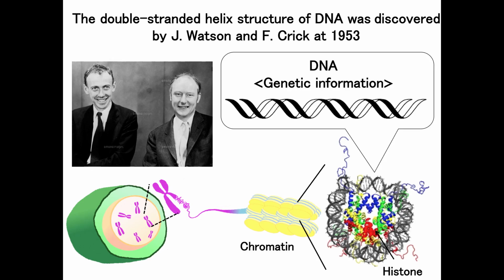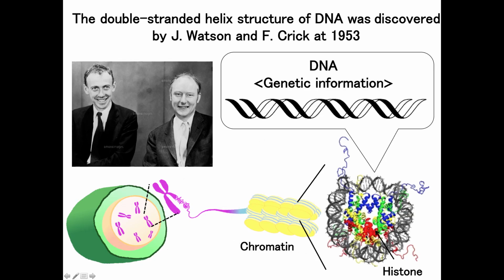So in this chapter, I will talk about the double-strand DNA. You know, DNA structure is a double-strand helix. This structure was reported by James Watson and Francis Crick in 1953. But DNA is not a naked structure in animal and plant cells.